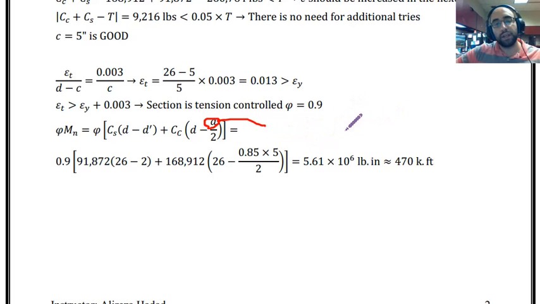C was 5 inches, and 0.85 by 5 will be the value of a. Putting everything in the equation, you can see this is the pound inch, and changing it to kip foot, we have 470 kip foot as the ultimate strength, or phi mn, of the double reinforced section.